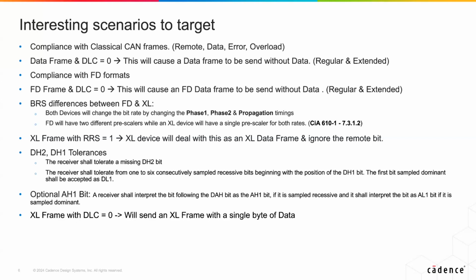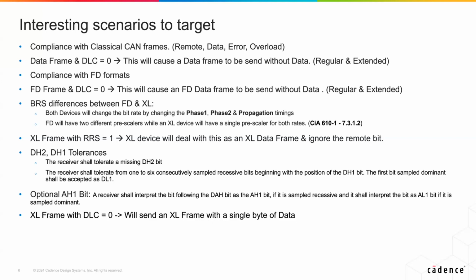So there are bits back to back that are DH1, DH2, DL1. It's possible to transition immediately from DH2 to DL1, or to have multiple sets of bits from 1 to 6 times between the DH2 and the DL1. Also, there's another optional bit called AH1, and if it's not received, the receiver should behave normally. So it's optional.